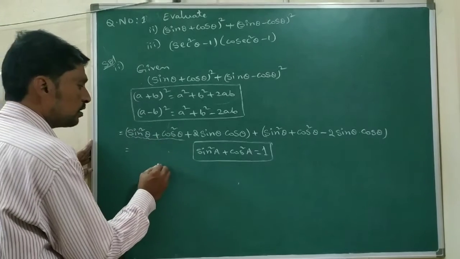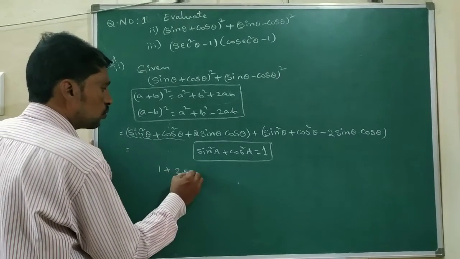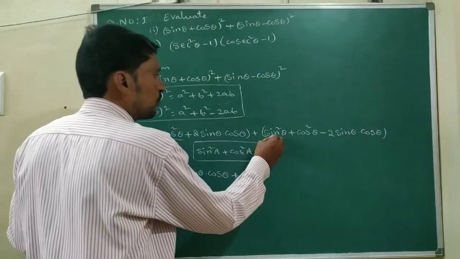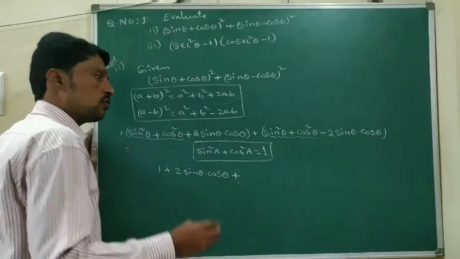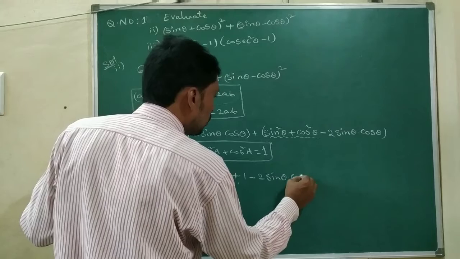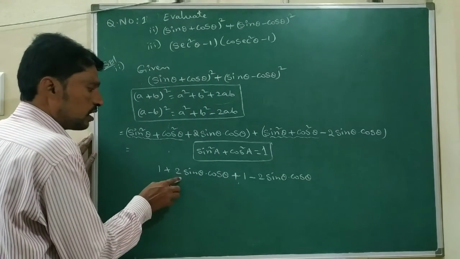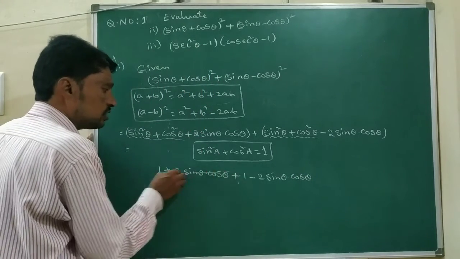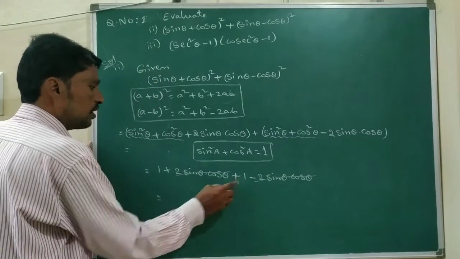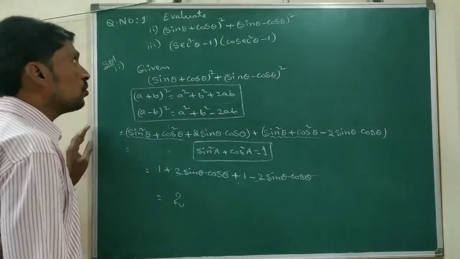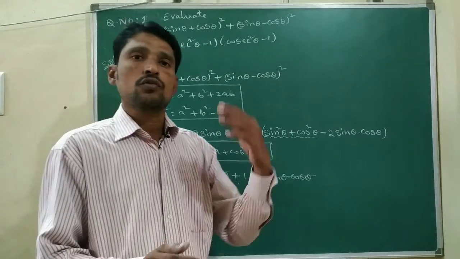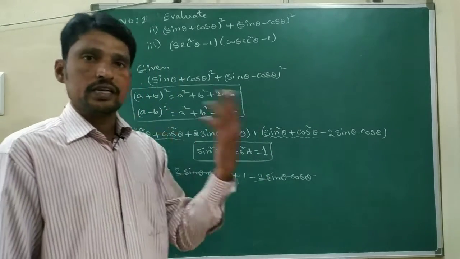Sin square theta plus cos square theta value is 1, plus 2 sin theta into cos theta as it is, plus sin square theta plus cos square theta, that value also we are getting 1, minus 2 sin theta into cos theta as it is. So just observe here, this is plus 2 sin theta cos theta and this is minus 2 sin theta cos theta, they get cancelled. What is remaining here? 1 plus 1, that is 2. So we got the value of sin theta plus cos theta whole square plus sin theta minus cos theta whole square as 2.